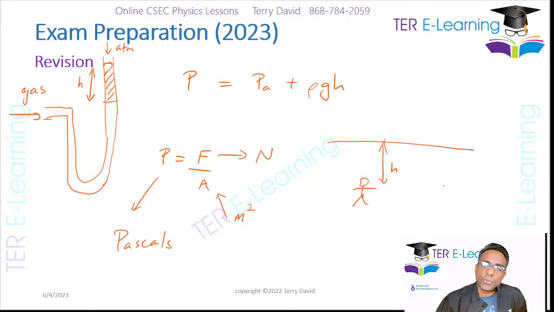Because he's underwater, there are two pressures acting on him. We have atmospheric pressure acting on top, and we also have the pressure of the water being exerted on him as well. So the pressure exerted on him is going to be atmospheric pressure plus the pressure of the water on top of him, which is going to be rho g h.